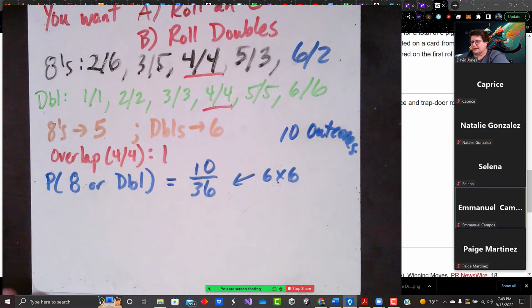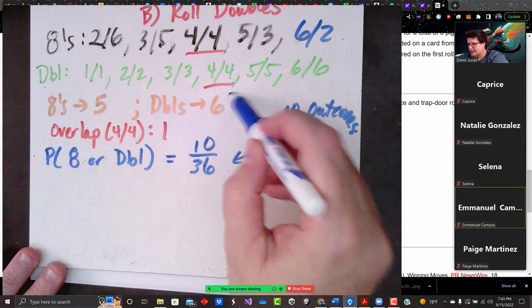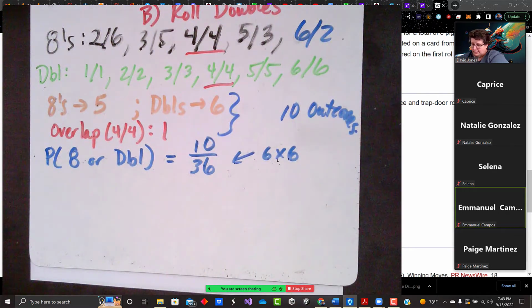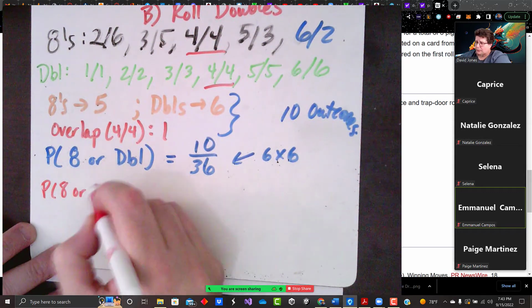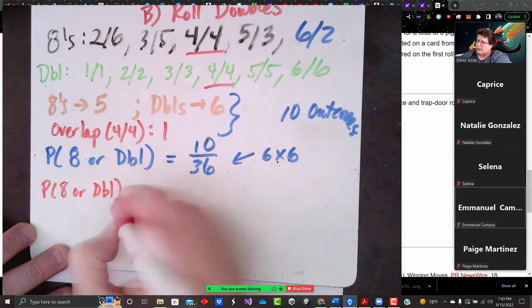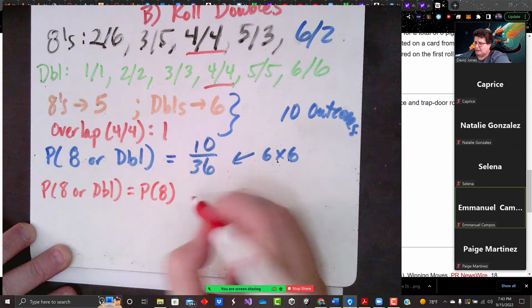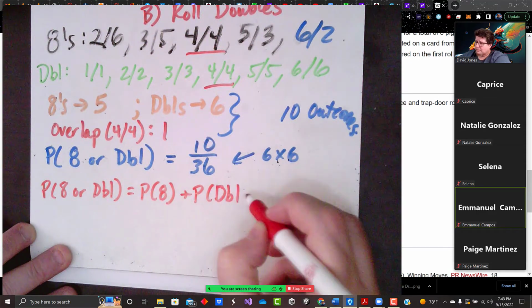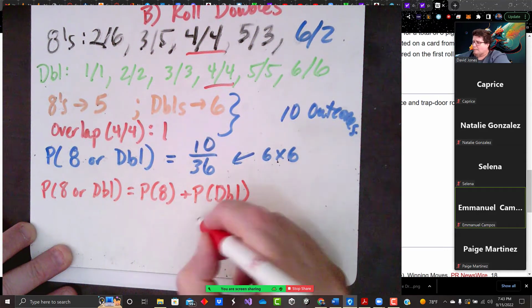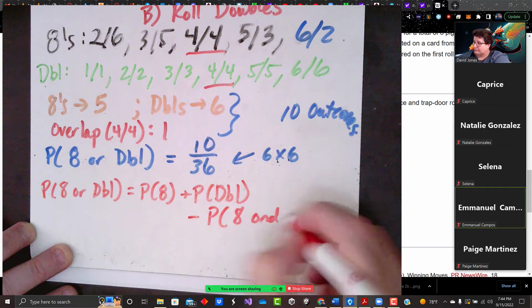Another way to do this, using the information we have right here: I could say the probability of rolling 8 or doubles equals the probability of rolling an 8 plus the probability of rolling doubles minus the probability that something is an 8 and a double.